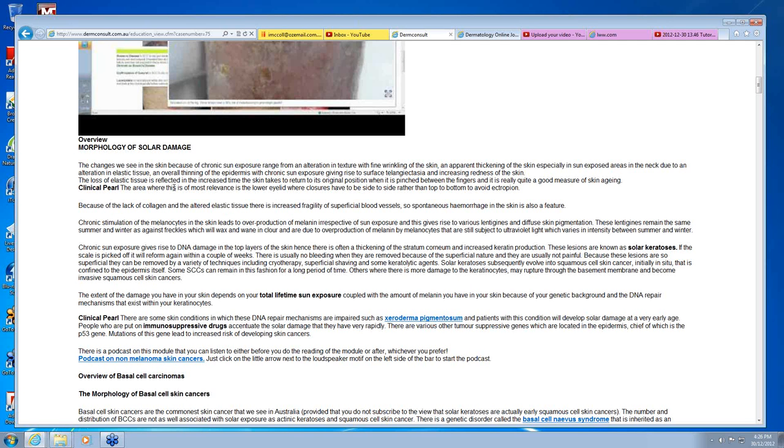Look at the morphology of solar damage. It's important as dermatologists that we can look at the skin and should be able to assess confidently straight away whether something's a solar keratosis, whether it's an invasive SCC, whether it's a superficial BCC or an SCC in situ.